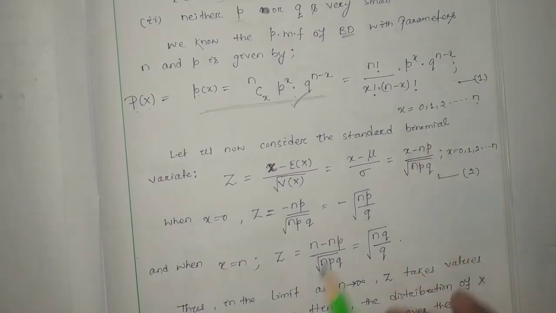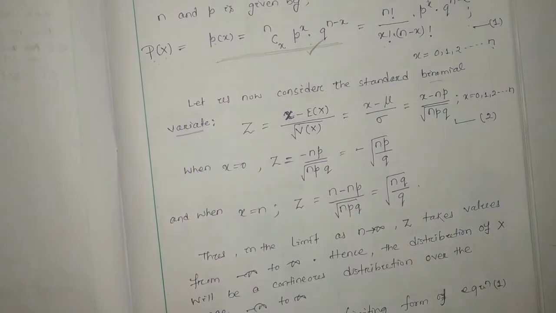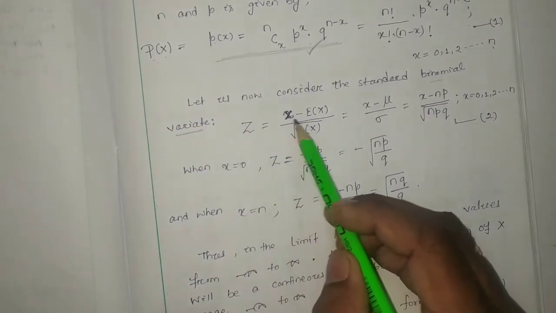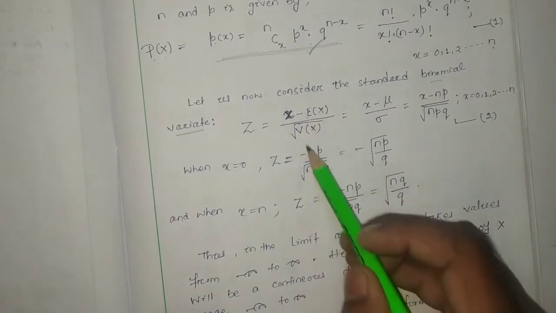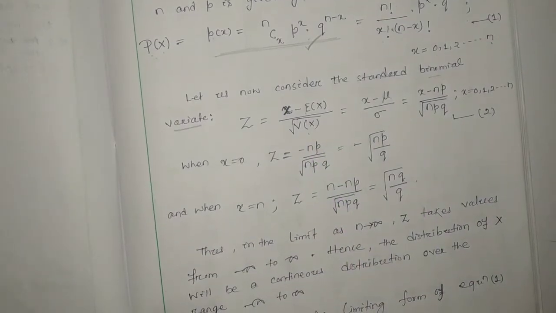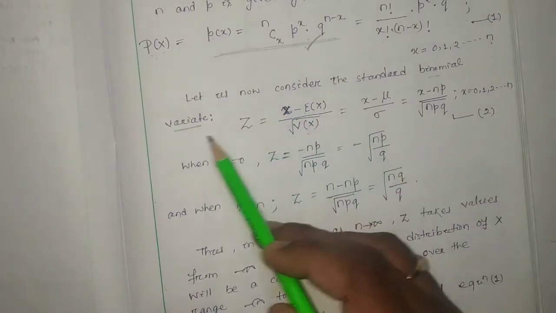Let us now consider the standard binomial variate. Consider z equal to x minus expectation of x by root over of variance. Here z represents one standard variate.